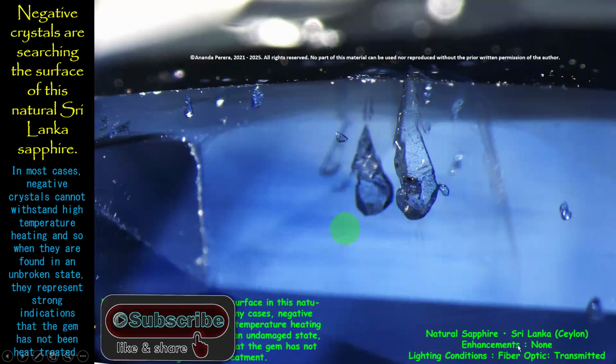Here, the lighting condition is fiber optic transmitted, and there are negative crystals. This is the surface of the stone. Near the surface of the stone, negative crystals came here. Negative crystals are reaching the surface of this natural Sri Lankan sapphire.